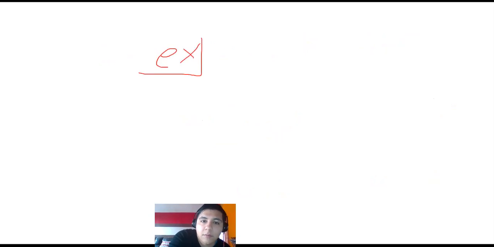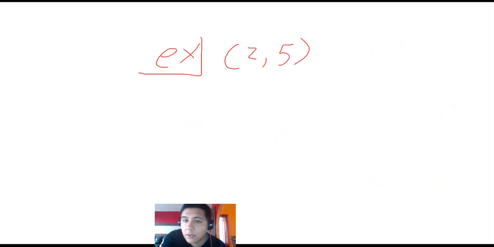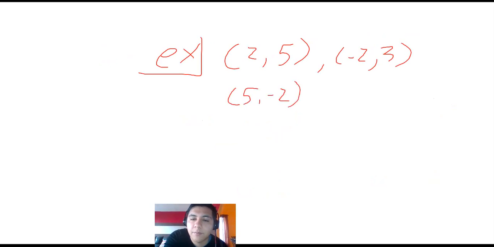So let's say, for example, we had 2, 5, we had -2 and 3. We had 5 and -2. We have -1 and -2.